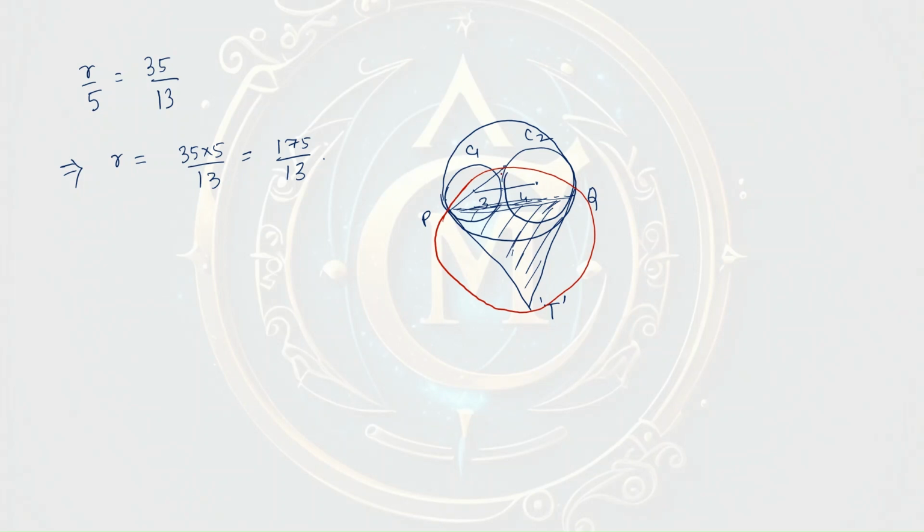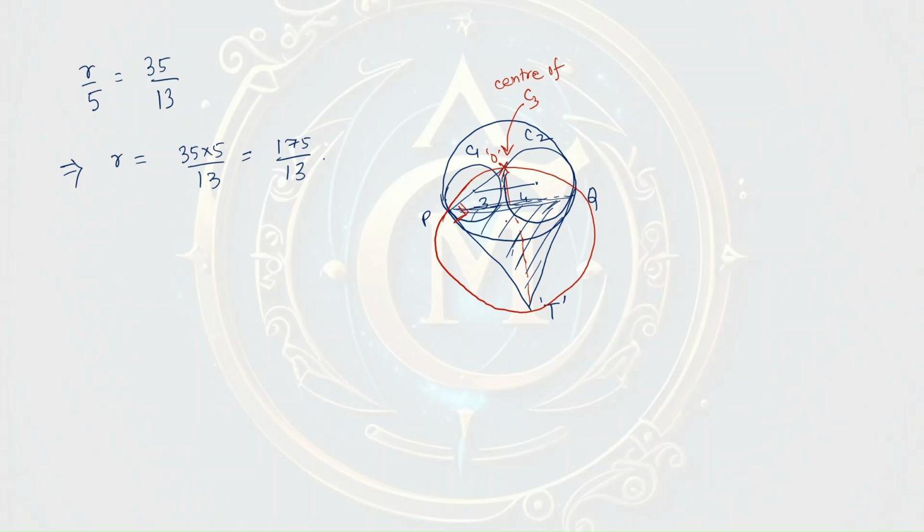Now we know by a basic property of circles that the circumcircle of this triangle TPQ will also pass through the center of the circle C3. So this point is center of circle C3, which is the point O. You can also prove this easily because this angle is a right angle here.